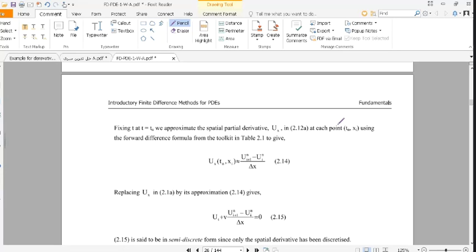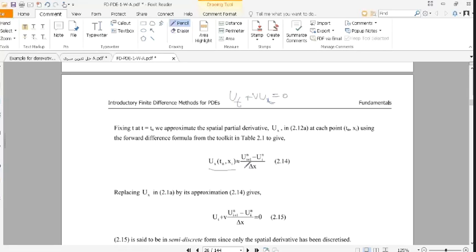For solving approximately, we replace ux at tn and xi by a forward finite difference approximation. You replace ux by the forward approximation at xi and tn, which is (u i plus 1, n minus u i, n) over delta x. We replace ux by this approximated formula. Okay.